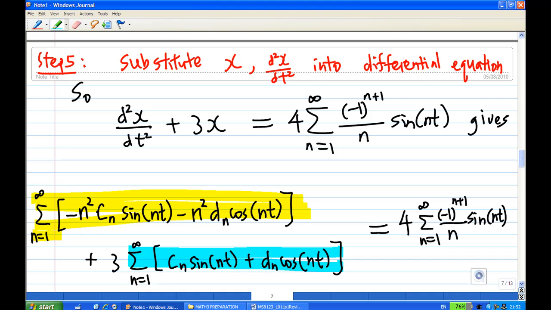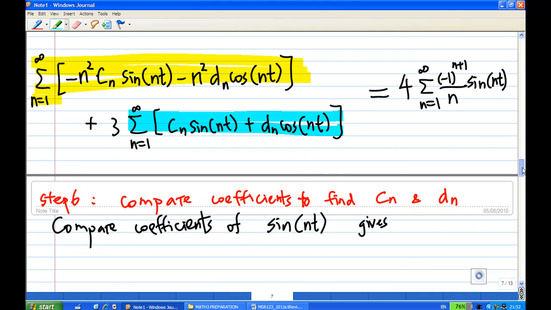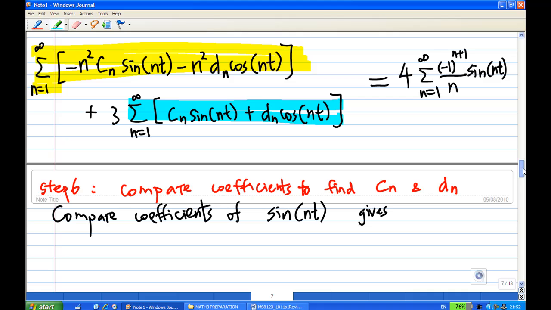In order to find c_n and d_n, we are going to compare the coefficients of sin(nt) and cos(nt). First, compare the coefficient of sin(nt). On the left hand side, we have -n² c_n from the first term and plus 3c_n from the second term.